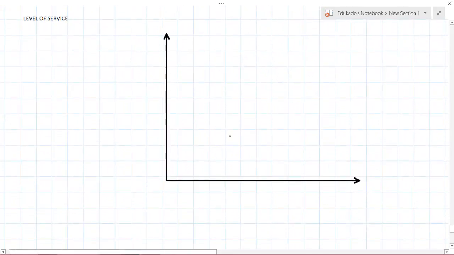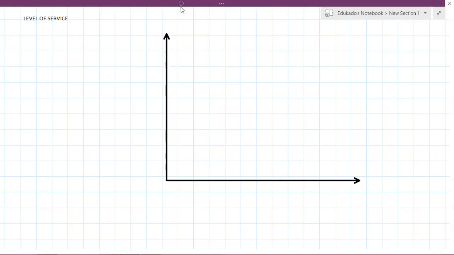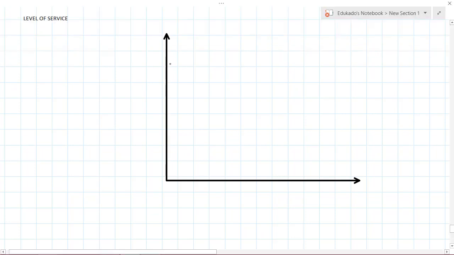Now let's come to this level of service. So from the speed flow graph, if I say this was the speed and this was the flow, I was getting 2 times flow, the 0 points, fine.